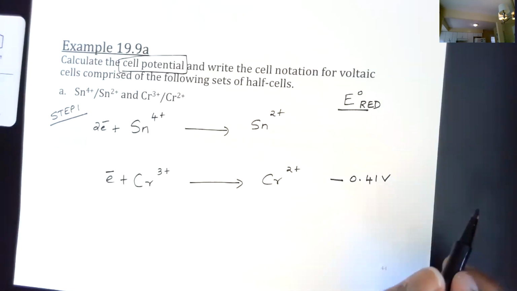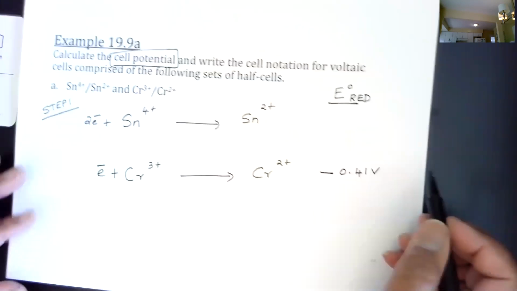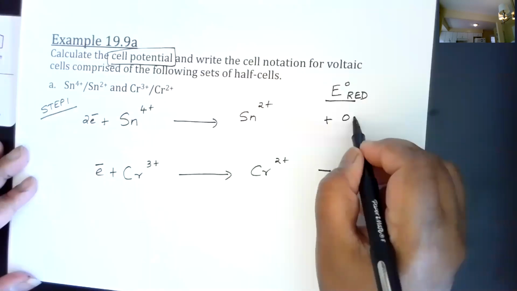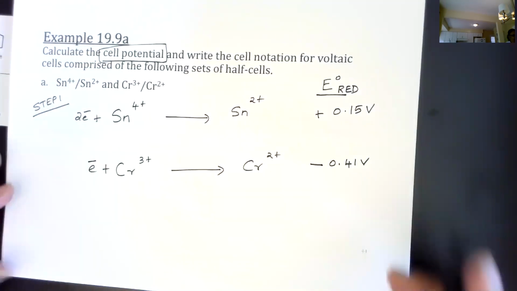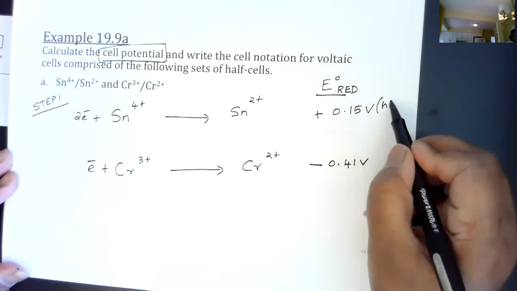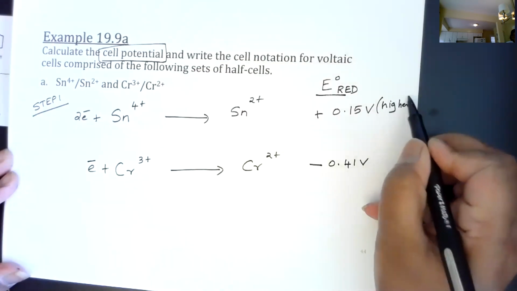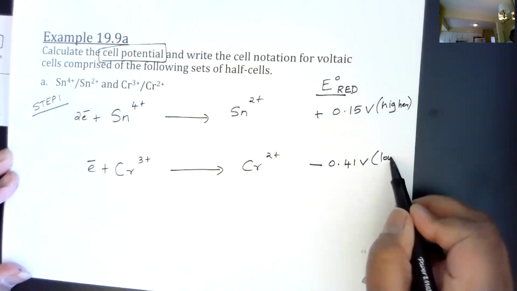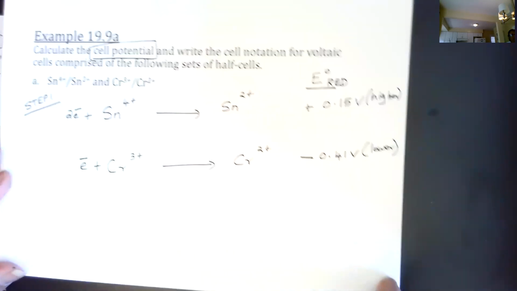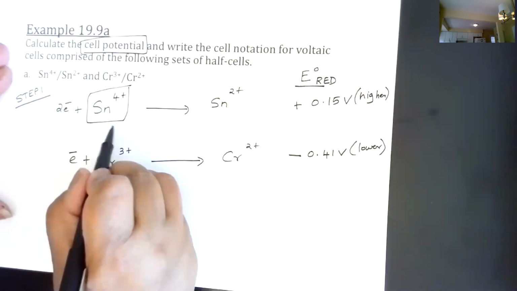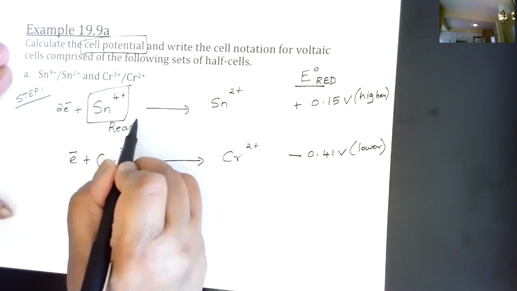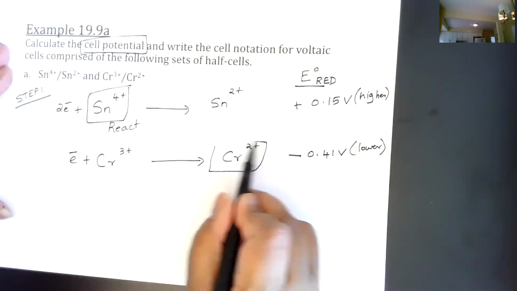And then tin is positive 0.15 volt. So it's in the order. See this? This is higher, it so happened. This is lower. So the diagonal rule applies, reactant, product.